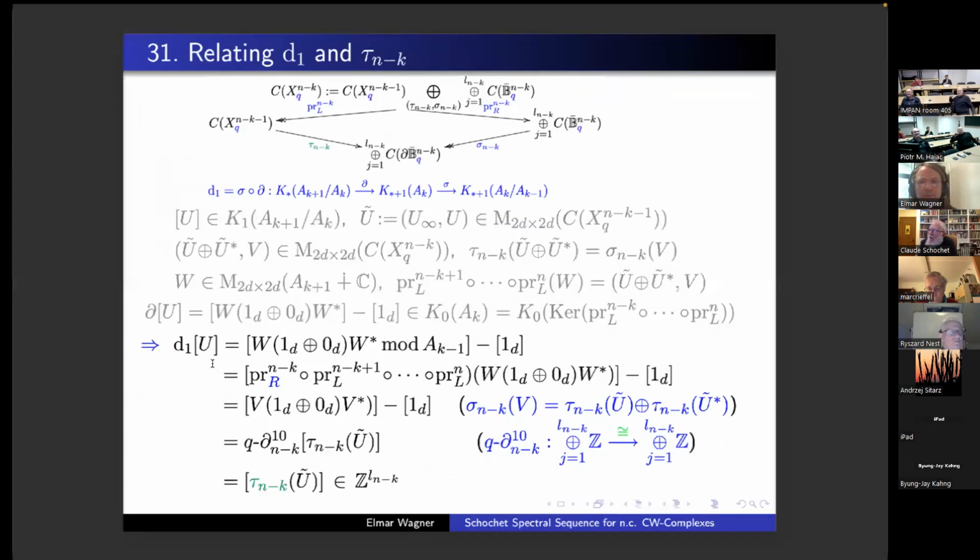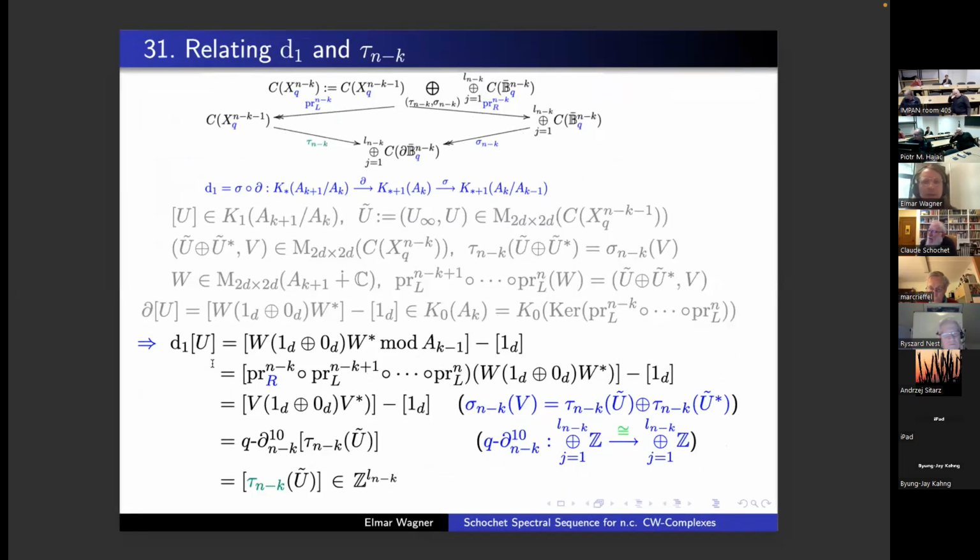Suppose you have the setup with A being the ascending sequence of ideals, the A_i's, and suppose you have another one with the B_i's, just call them A and B. And suppose you have a map of C-star algebras from one ascending sequence to the other. Then that map induces maps on K-theory.